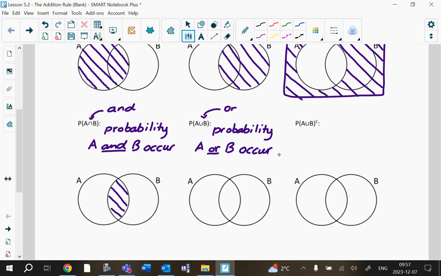How would you show that visually? All of it. B may occur by itself, A may occur by itself, or they may occur together. All of those satisfy this sentence.